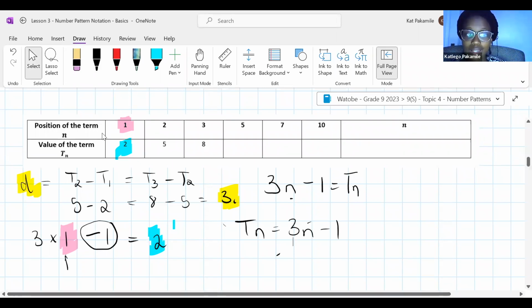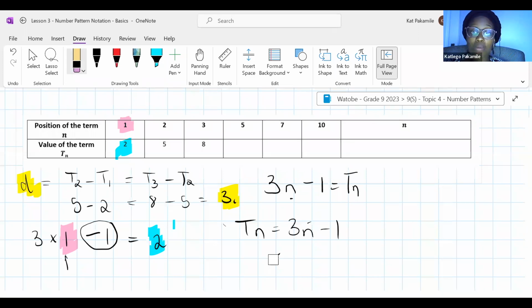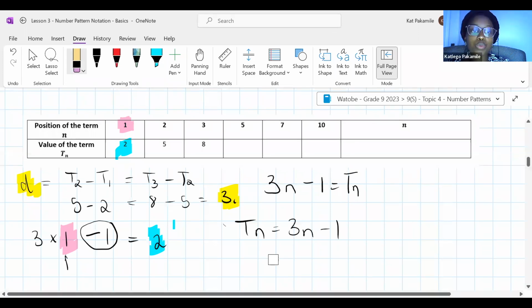So what is in position number 1? It is 2, and that is the value of your term. Do you see that? So I hope everyone is understanding where we got these Tn's and N's from. We're just taking what we did last week and putting it in the correct terminology so we can use it.